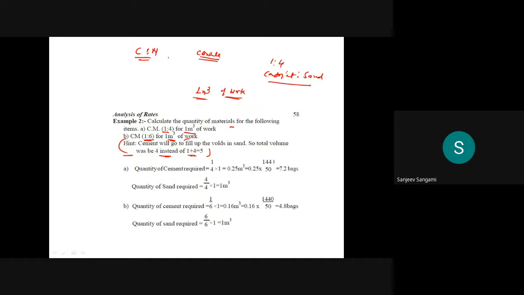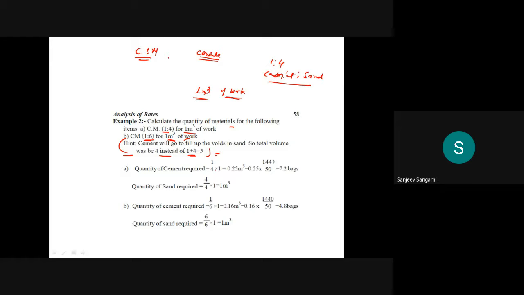Normally when we were doing the concrete and all those things, we calculated by dividing by the total of the ratio, but we had taken the dry ratio to the wet ratio, and with that we did the calculations. But here, whatever he has given today, the volume will become 4 instead of 5.